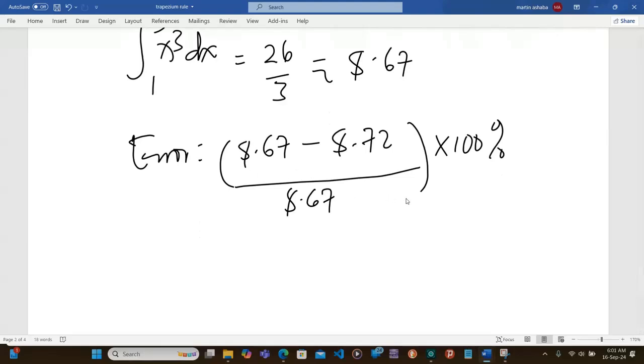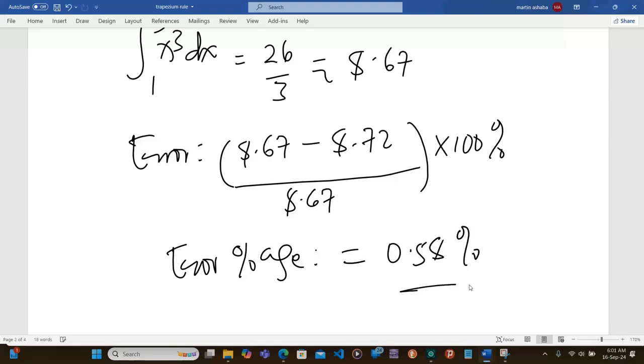The error in terms of percentage error is 0.58%. Since this is small, you can neglect it. But in some fields like electrical or electronics, this can be a very big error, and therefore it may not be neglected. So depending on the field of application, you can neglect this error as being too small.